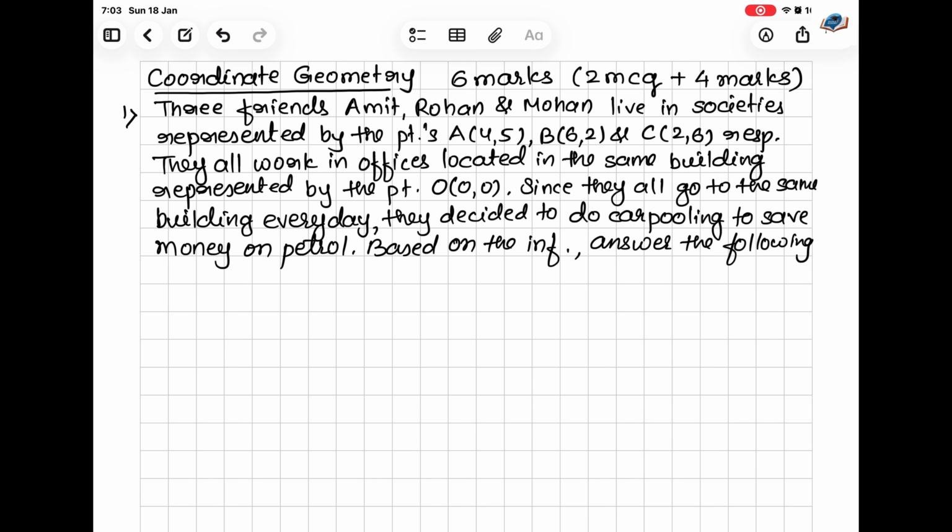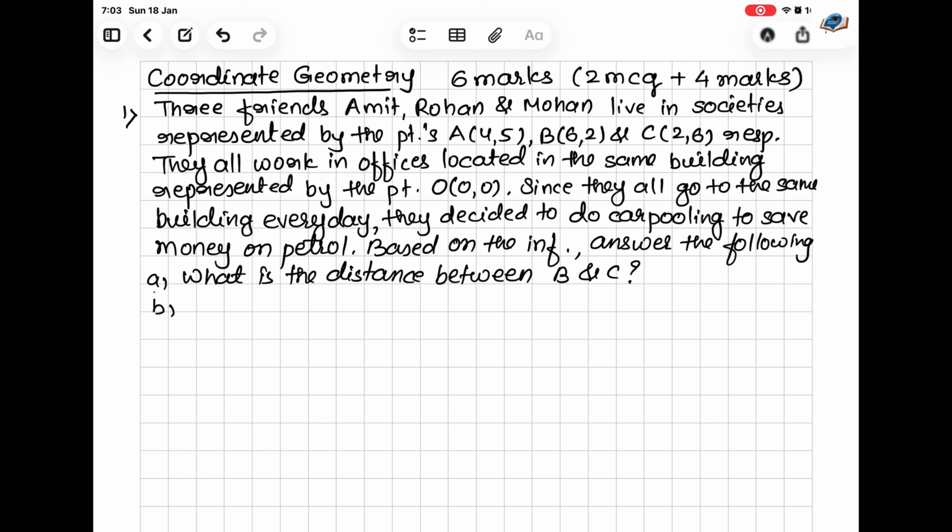In A1, what is the distance between B and C?